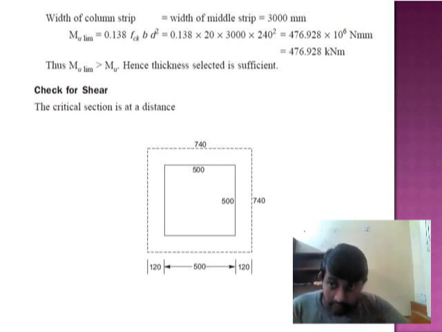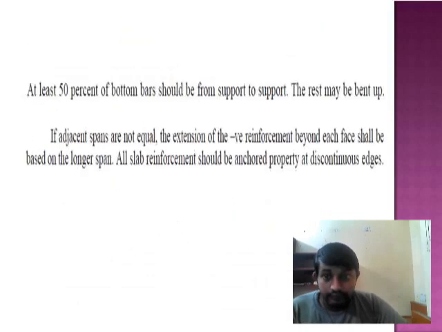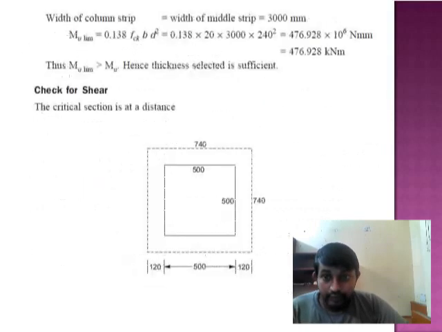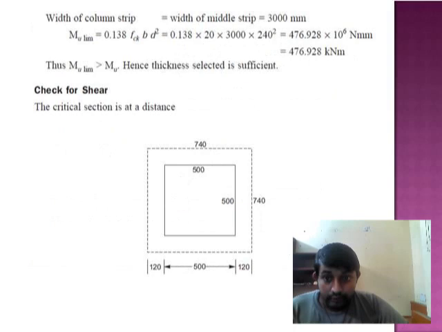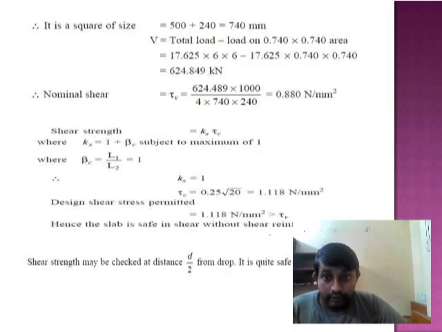Now going to calculate the check for shear, which is given in the figure. Check shear: 500 and 500 is already given as the size of the panel, and the exterior is 740 and 740. So the total size is 500 plus 240, total size 740. So V equal to total load minus load in the given area of 0.74.